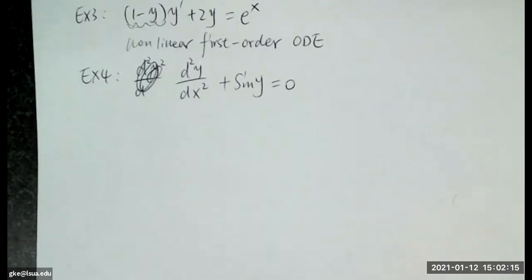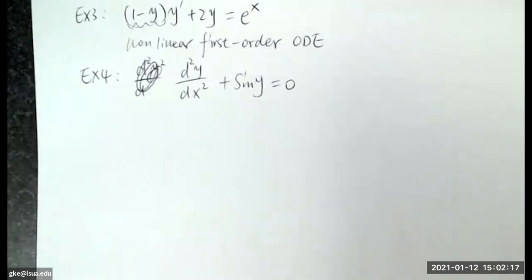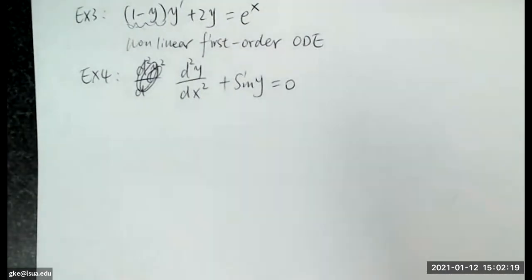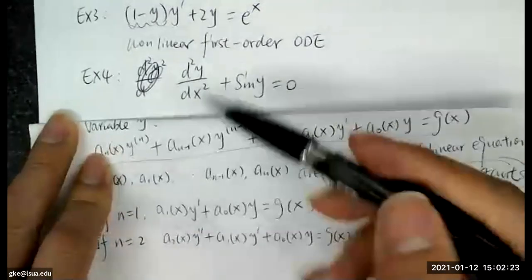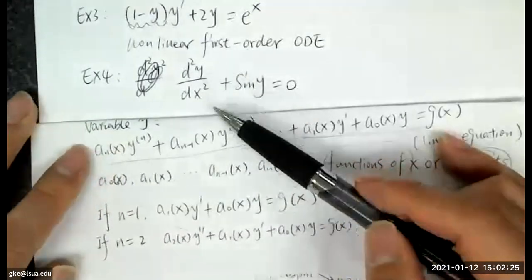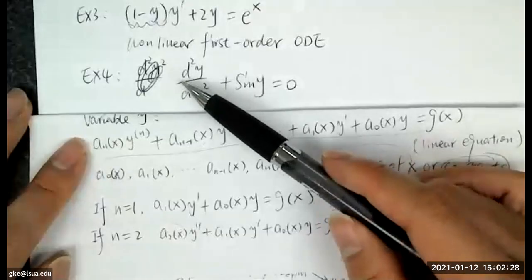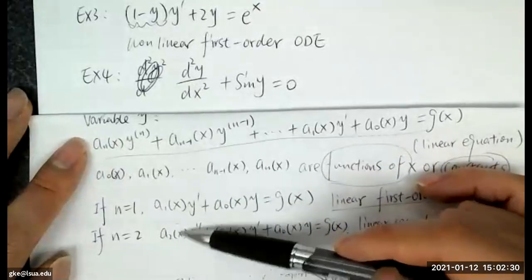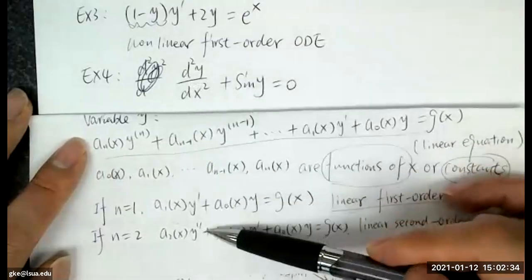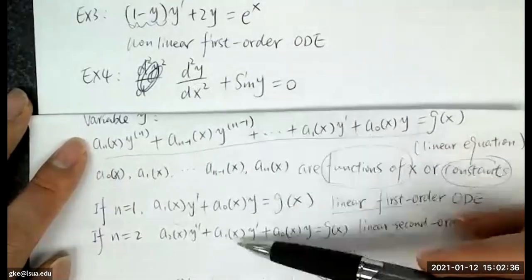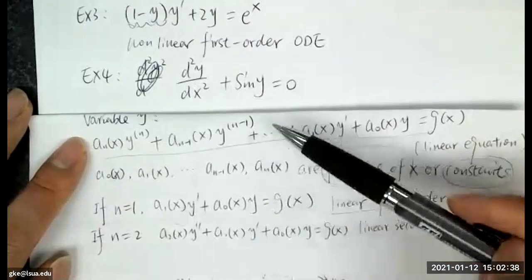Nonlinear. Again, let's take a look at the definition. It's very clear here it is second order. So the a2x coefficient of this derivative, a2x equals 1. And we don't find the first derivative, so we can say a1x equals 0.